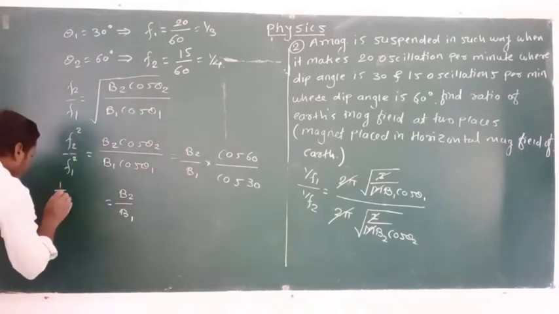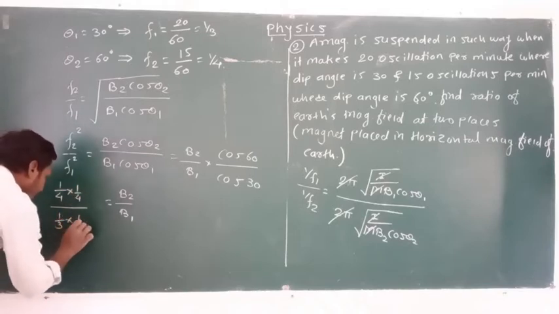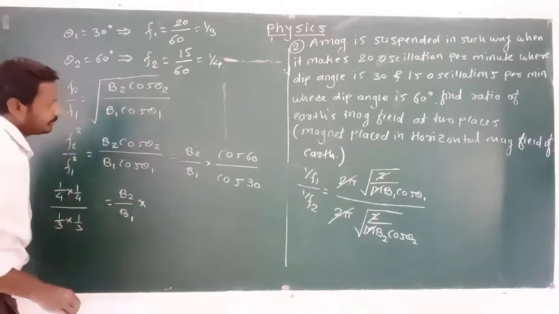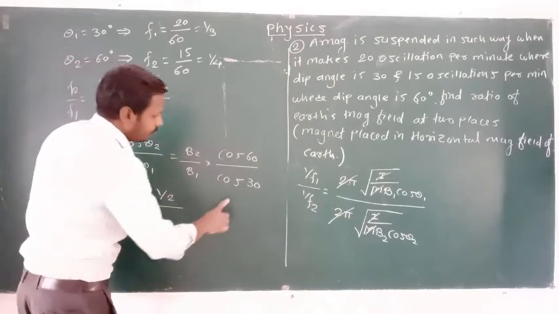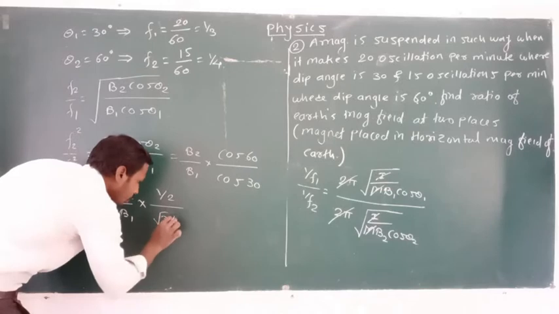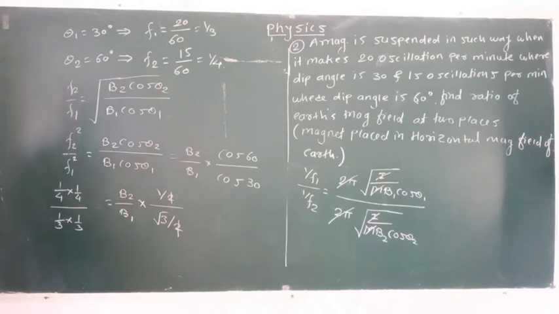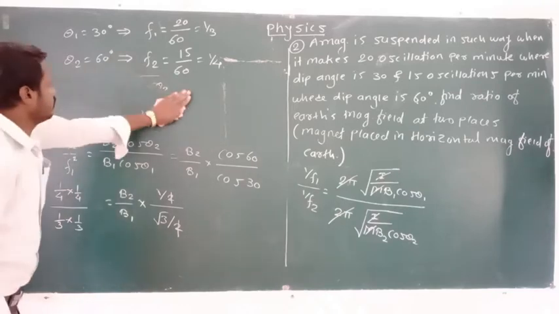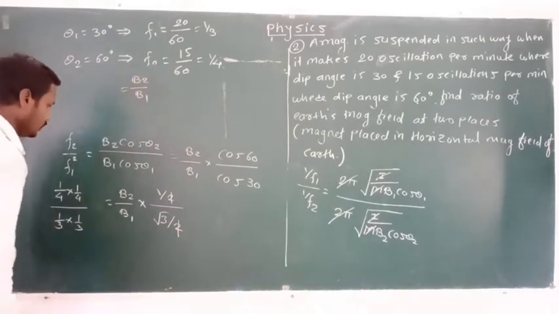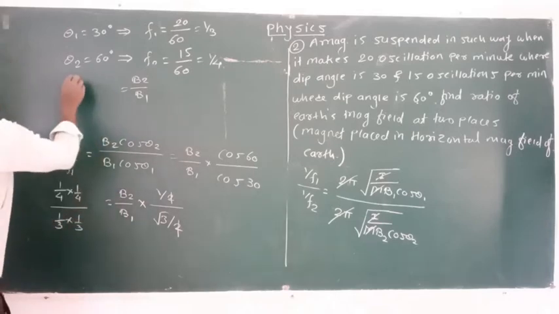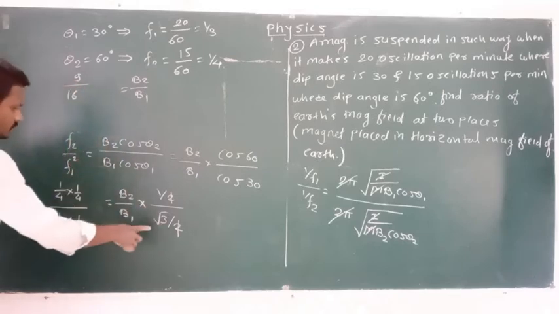Then I can write 1 by 4 multiplied by 1 by 4 divided by 1 by 3 multiplied by 1 by 3, multiplied by cos 60, 1 by 2, divided by cos 30, root 3 by 2. 2 gets cancelled, and simplifying that equation, B2 divided by B1 becomes 9 divided by 16 root 3.